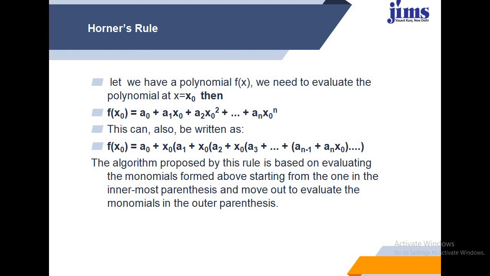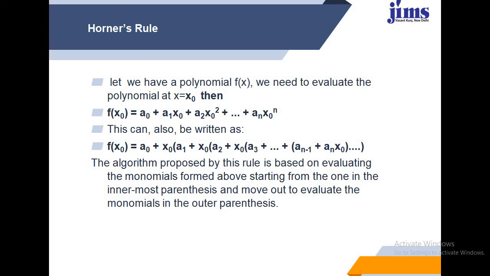From the second term onwards you will take x0 common, because every term has x0. So after taking x0 common, this equation will become a1 plus, and in the next term, the third term, you will also take x0, so this will become a3 and so on. So this is the style to evaluate the value of the polynomial according to the Horner rule.